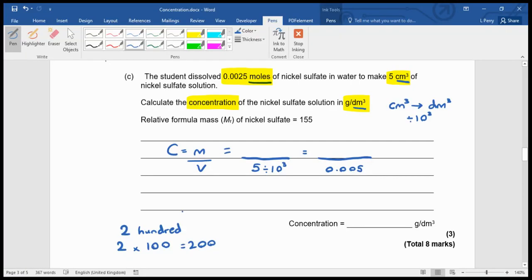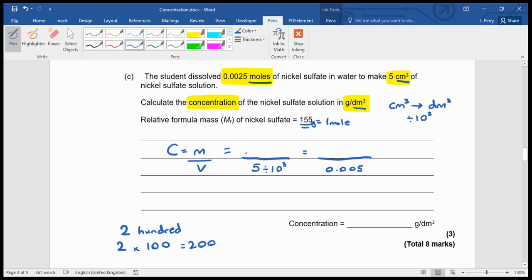But one thing I know is if they've given me the relative formula mass, I'm going to need it. Now, the relative formula mass is 1 mole, but in grams. So if 155 grams is 1 mole, but I only want 0.0025 moles, it's going to be a lot less than this.